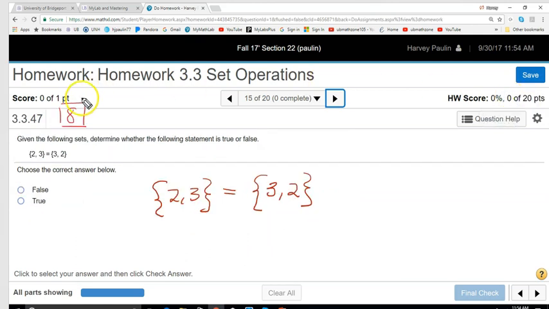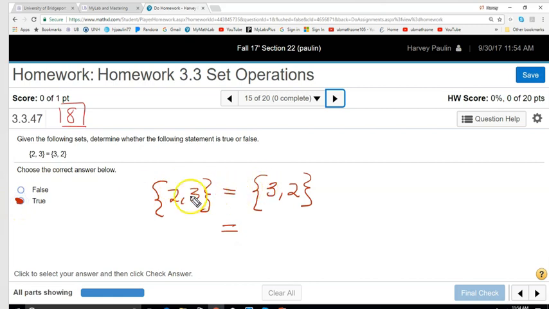Now for number 8, we're looking at this and we want to determine whether this is a true statement or not. Well, these are sets in roster notation. Do they have exactly the same elements? Yes. So they are equal. And then this is true.